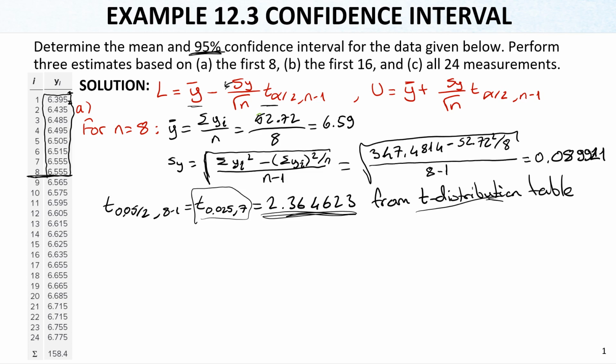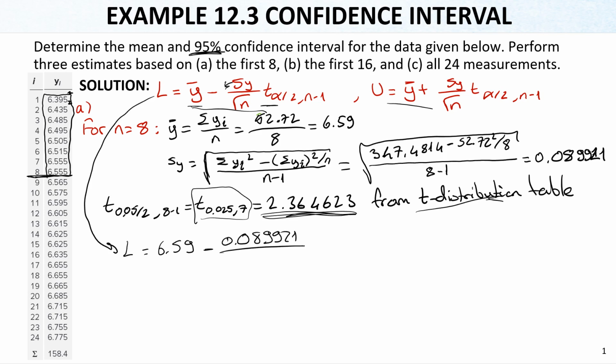So when we plug these into these equations at the top for L, basically we will calculate 6.59 minus SY, which is 0.089921, divided by root 8 and times 2.364623.